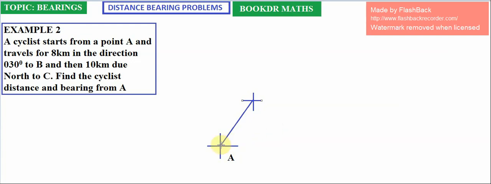So for example, let me just give you an example. If I drew my 8 kilometers up to here, I should bear in mind that when I'm drawing the 10 kilometers, it will be longer than this one.